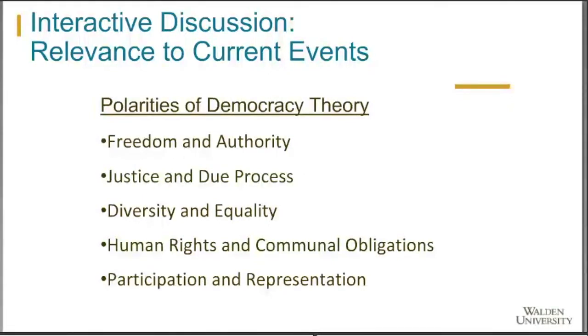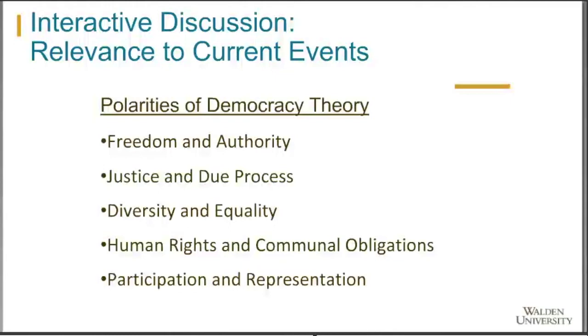But I just want to give you a couple of examples of things that you can be thinking about when we get to the Q&A with Dr. Schultz. In the real world, if you think about the Flint, Michigan water crisis, I would say we were dealing with diversity and equality and freedom and authority and participation and representation. Last year in Hurricane Maria in Puerto Rico, we were dealing with human rights and communal obligations.